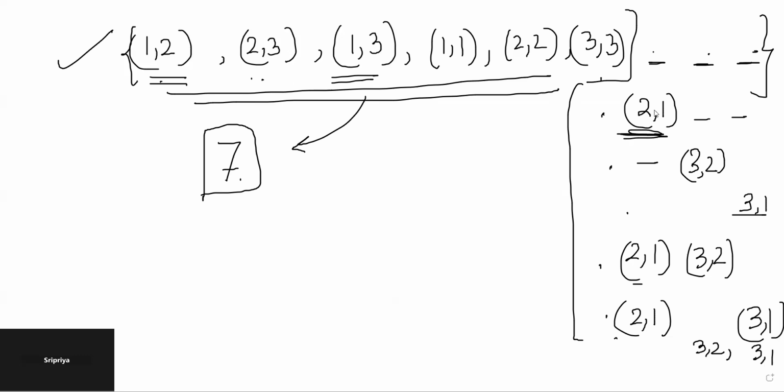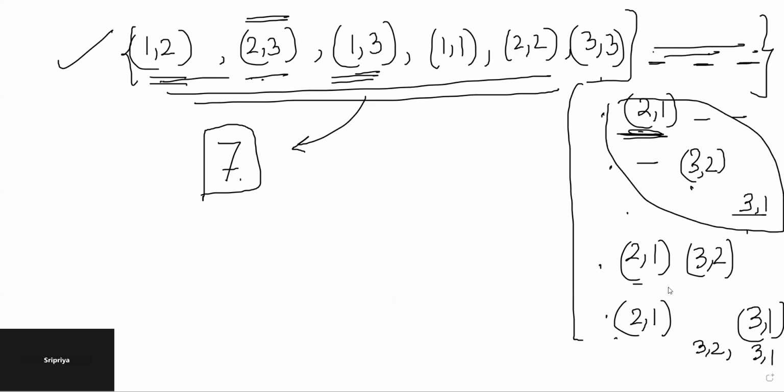If you put a 2 comma 1 in it, it is still not symmetric because 2 comma 3's opposite is not there. If you put one of these 3, you will get 3 automatically. If you put none of them, you'll get the fourth one. If you put 2 of them, you'll get 3 more. If the answer is 3, the answer is wrong.